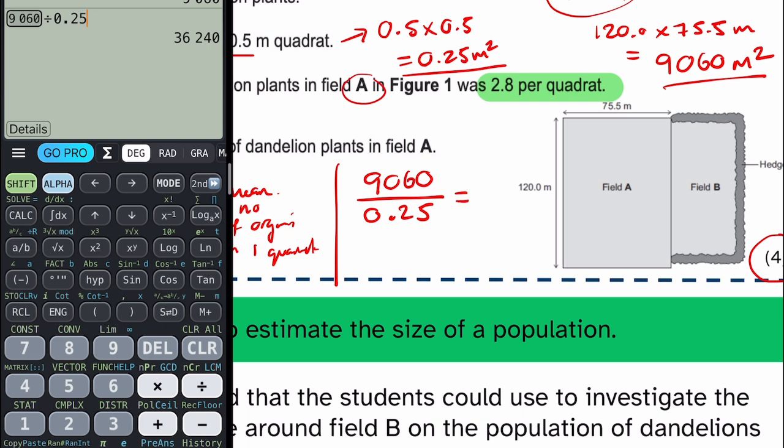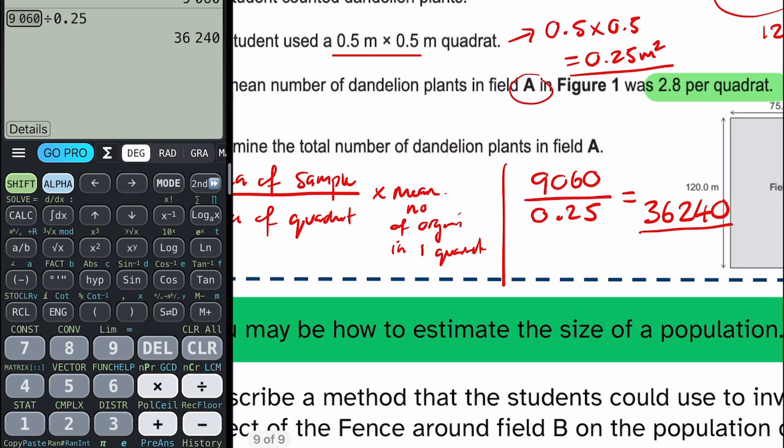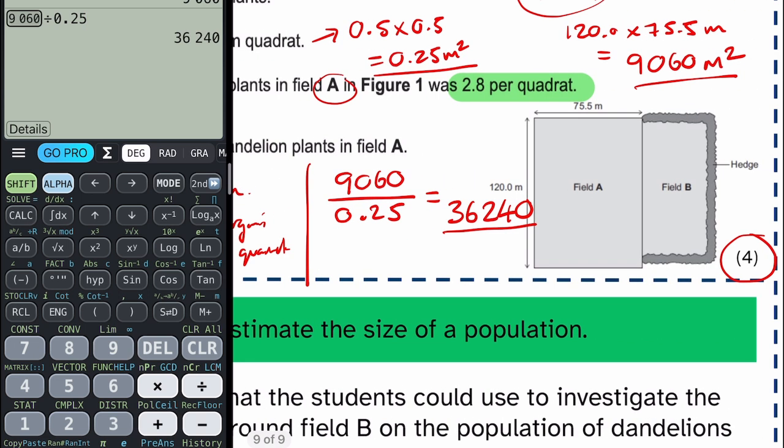So we would get 36240. It's a nice round number. You can probably figure out, if you've got that you've probably done something correct. All right. So we'll have 36,240 quadrats would fit in that area. So all we need to do now is multiply that by the number of organisms.